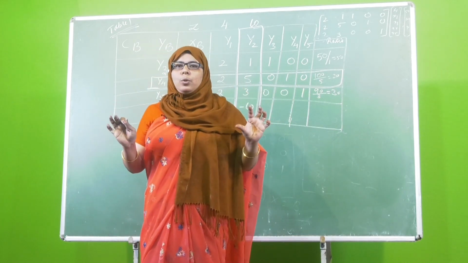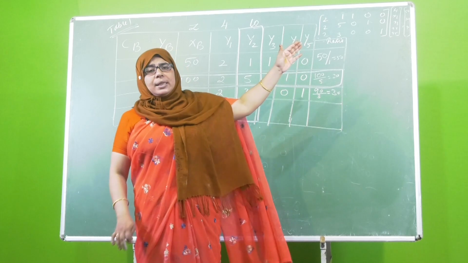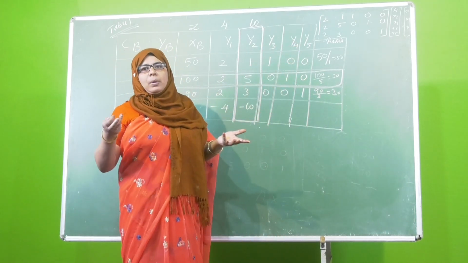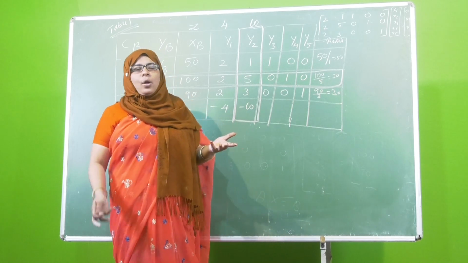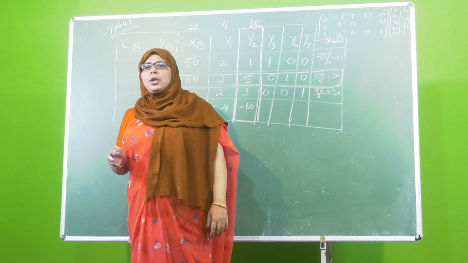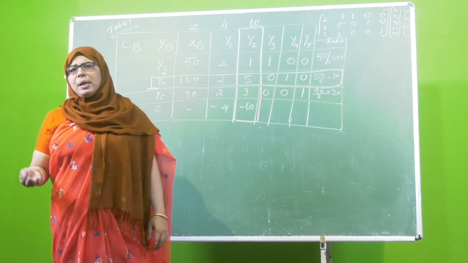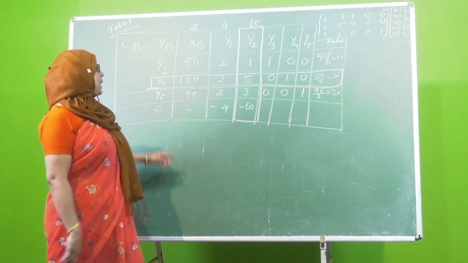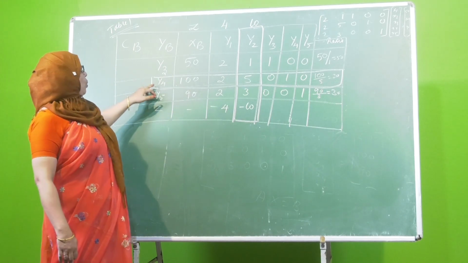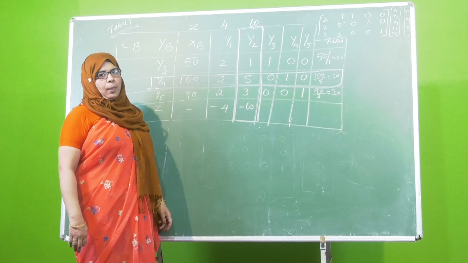Only positive values. Sometimes all the values are negative; then we have to neglect the problem, we can't find the solution. 20 is the minimum positive, so we select the row Y4. So Y4 and Y2.